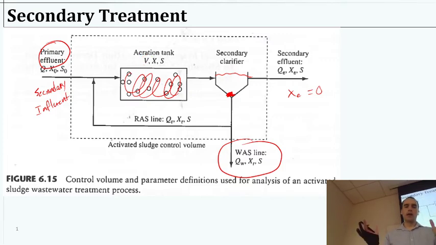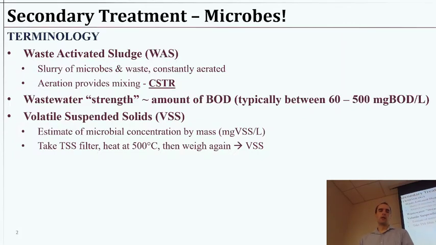Okay, so a lot of stuff that I said up front we'll get to as we go through it. A couple pieces of terminology, just have it here for you. Waste activated sludge, WAS, that's the microbe sludge that we collect. Our aeration system is typically going to be a CSTR. Should be fairly obvious.